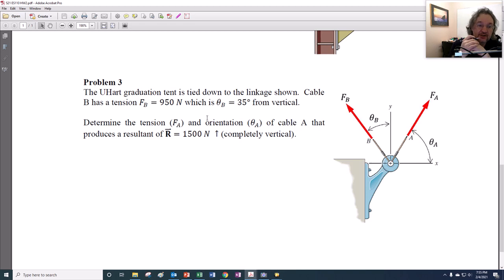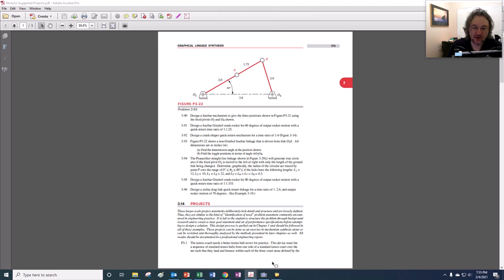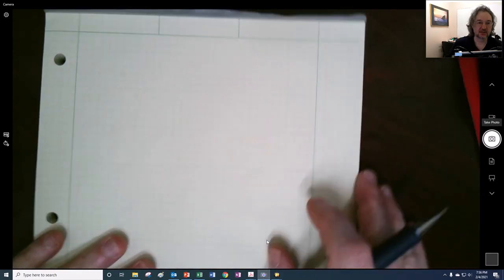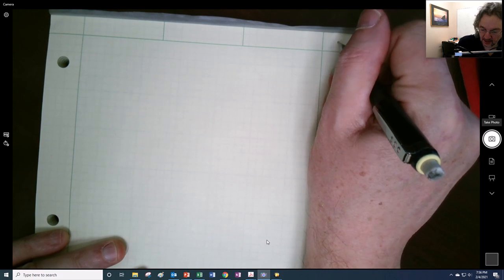Determine the tension FA and orientation theta A of cable A that produces a resultant of 1500 newtons up, completely vertical. Okay, so we've turned the problem around just a little bit.